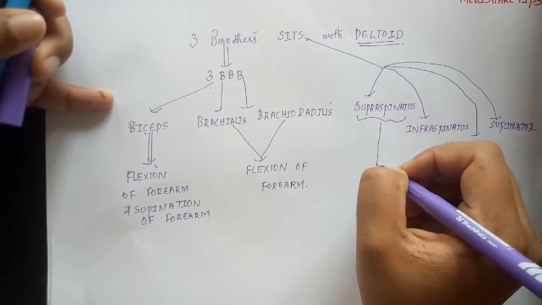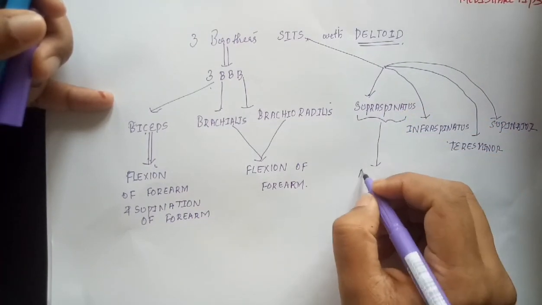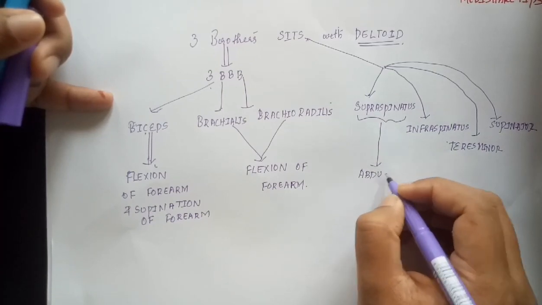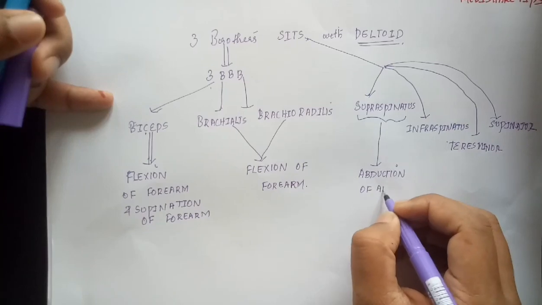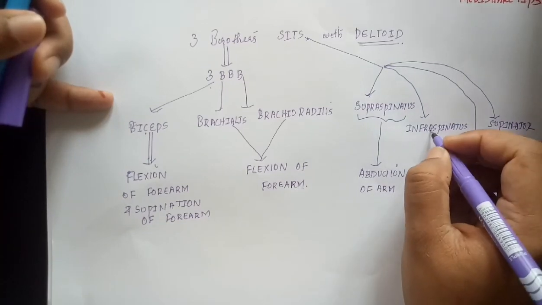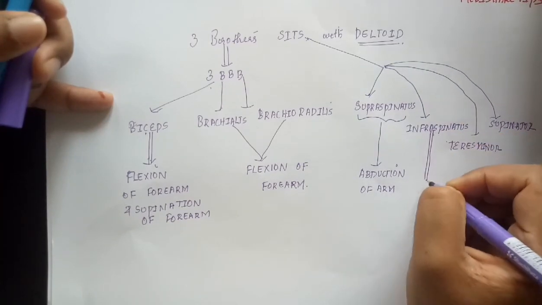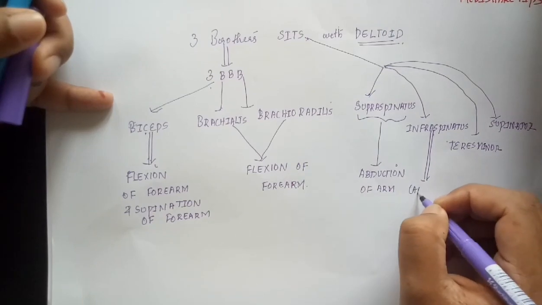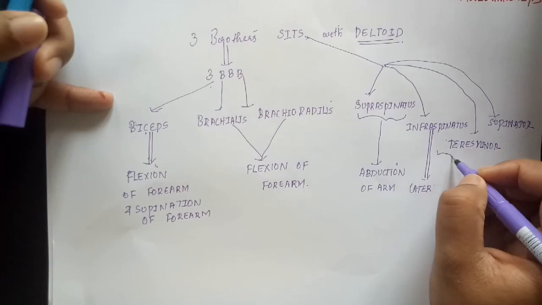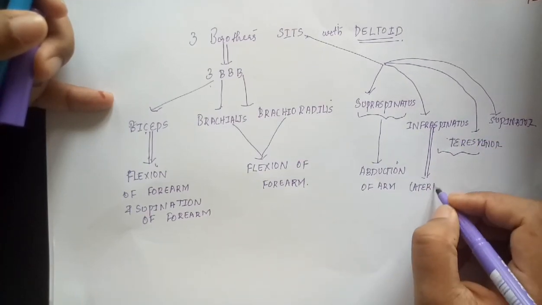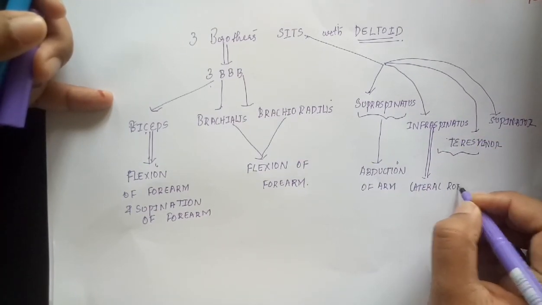Supraspinatus causes abduction of the arm. Infraspinatus along with teres minor causes lateral rotation of the arm.